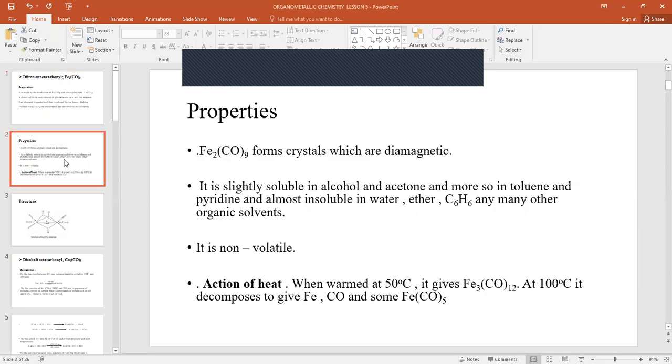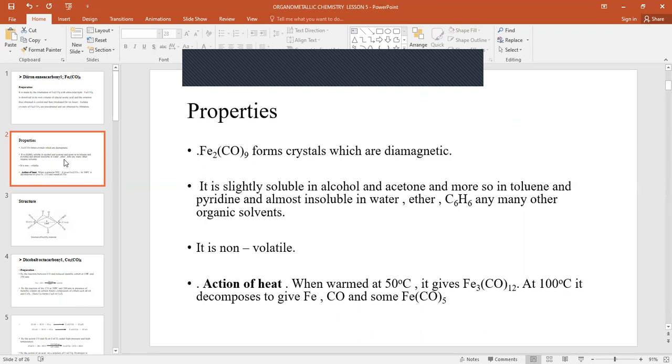Properties. Diiron nonacarbonyl forms crystals which are diamagnetic, slightly soluble in alcohol and acetone, insoluble in water, benzene, and other organic solvents. The crystals are non-volatile.